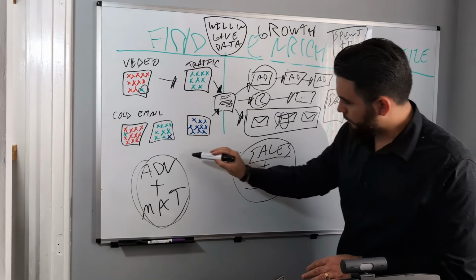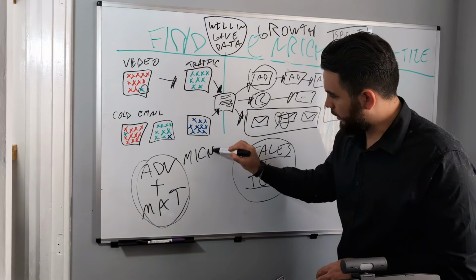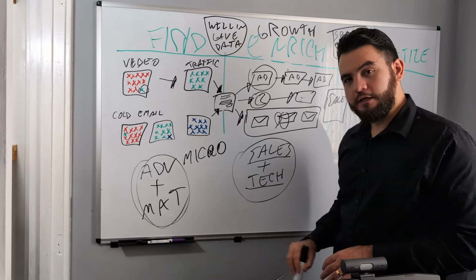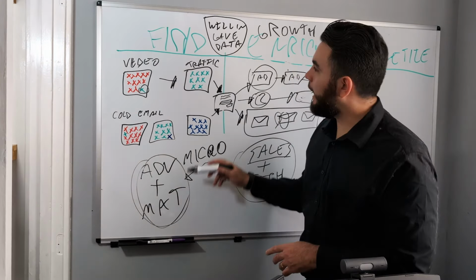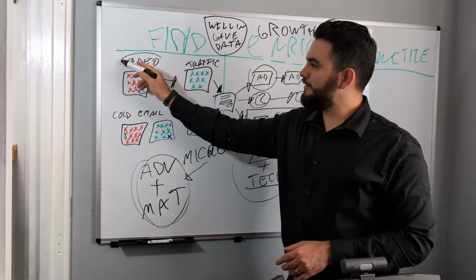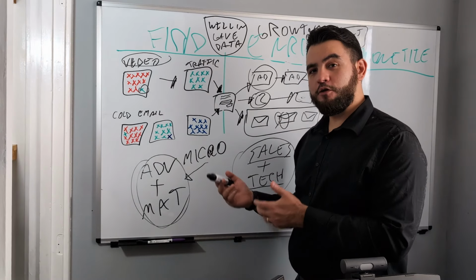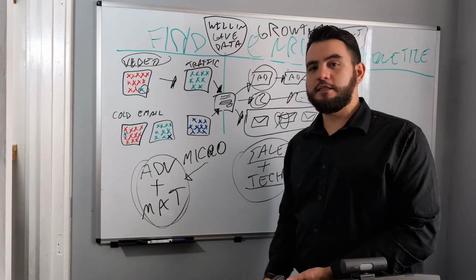The micro understanding of the funnel is going to lead to micro decisions. How do I make this creative, this video better? How do I increase the number of views it gets?